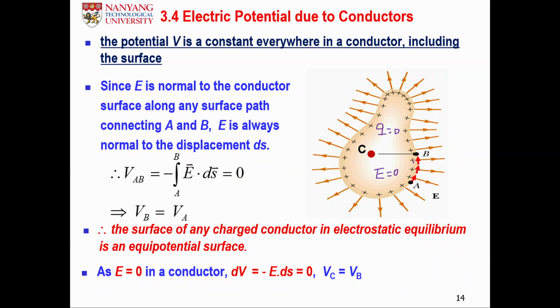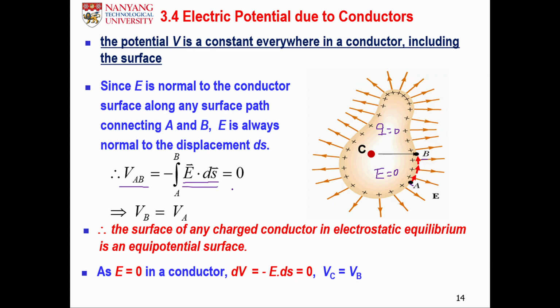First of all, let's look at the 2 points, point A and point B. Both of them are on the conductor surface. Then we can tell the potential difference VAB should equal to this, right? The integration of this dot product.